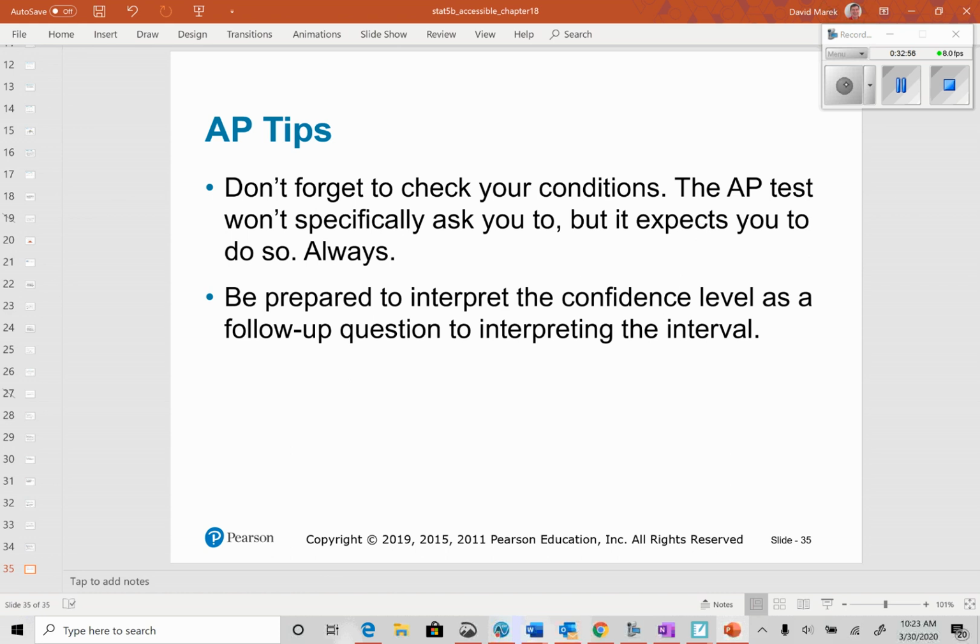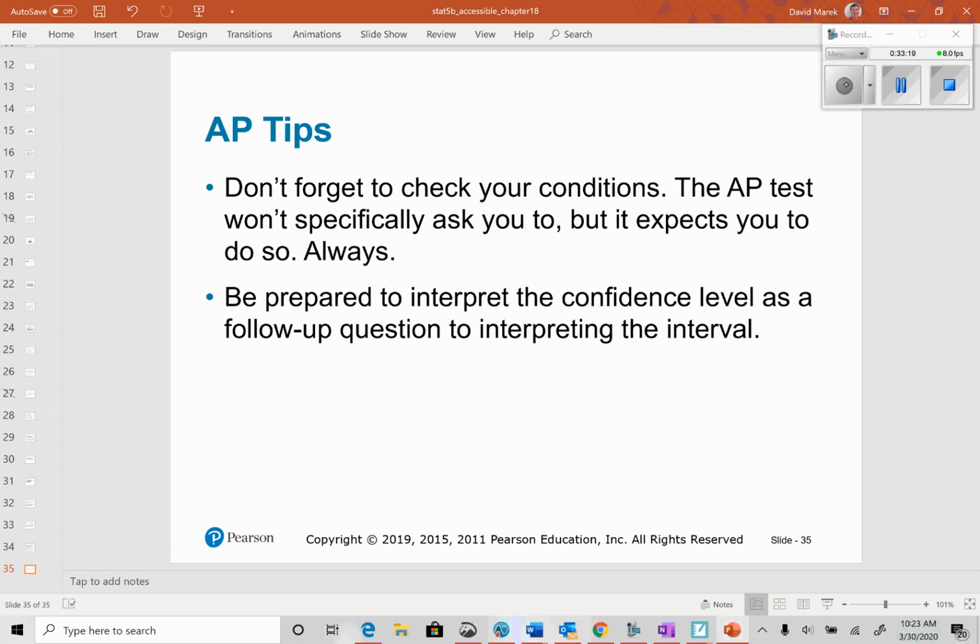I'm always going to write out the conditions. Don't just say, oh, I checked the conditions and they're fine. Show it.